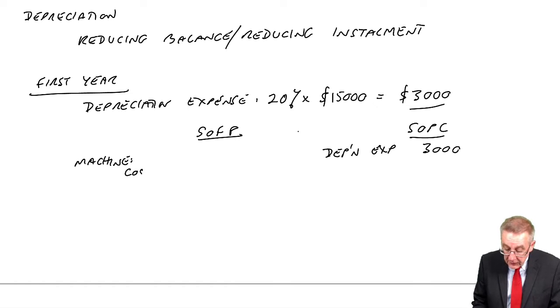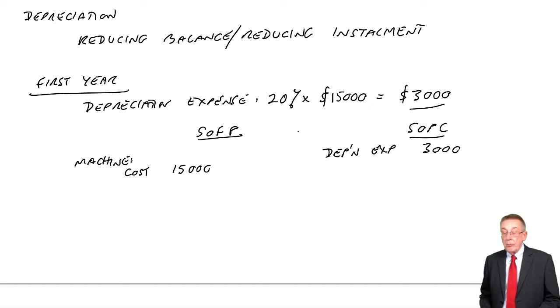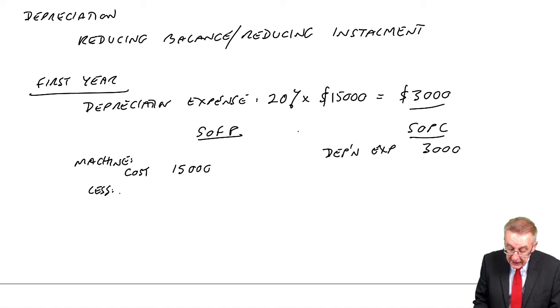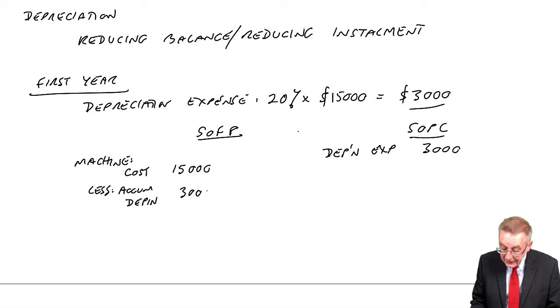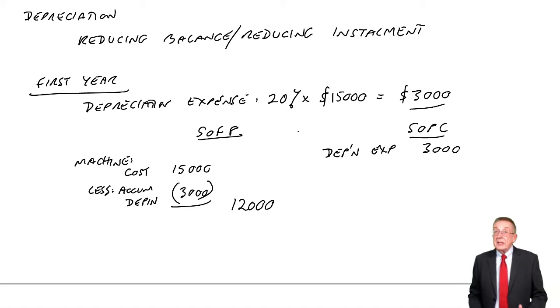Remember, we have to show this breakdown, so the original cost, 15,000, and the total accumulated depreciation, 3,000. And so its value is 12,000. But again, we have to show those workings.